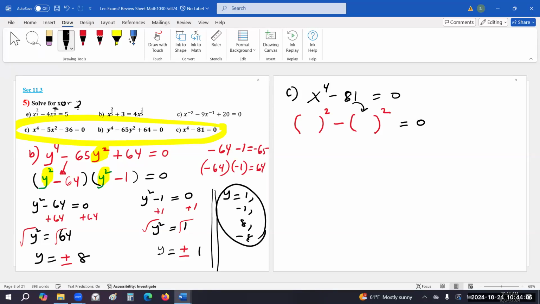Yeah, we can see it clearly. This is 9 squared. How about x to the 4? Can you rewrite x to the 4 as something square? x squared. So see, as long as we can convert that into a perfect square, it is factorable. In the factors, we add our bases and we subtract our bases.